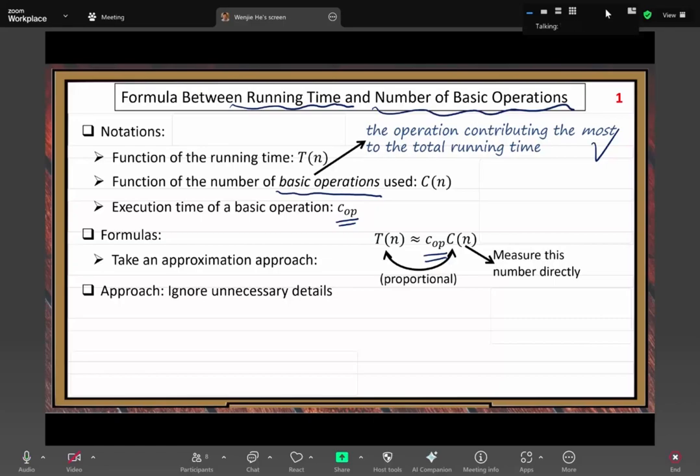Here, we ignore unnecessary details and only keep the most important term, the term with the biggest contribution. We call it a dominant term. So we only keep the dominant terms when we do the comparison.